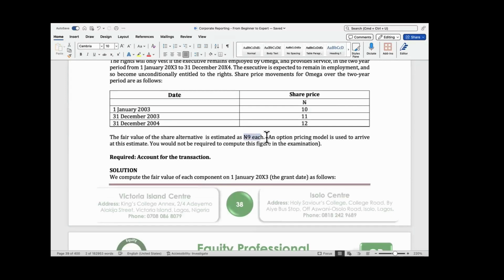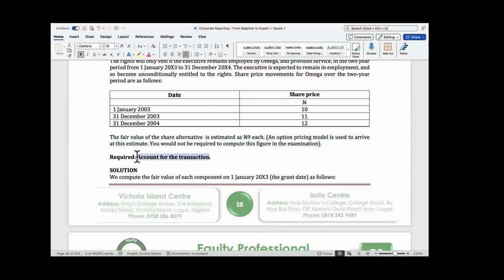Okay, so that means the entire package itself is 9 naira each, right? This entire package is what we are now giving them the option to get. Of course, nobody will ask you to calculate this 9 naira in the exam. They will always give it to us.